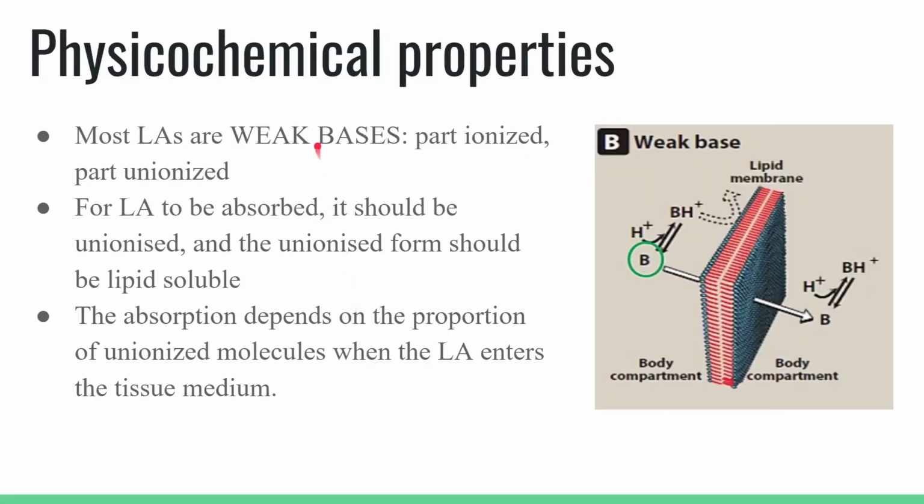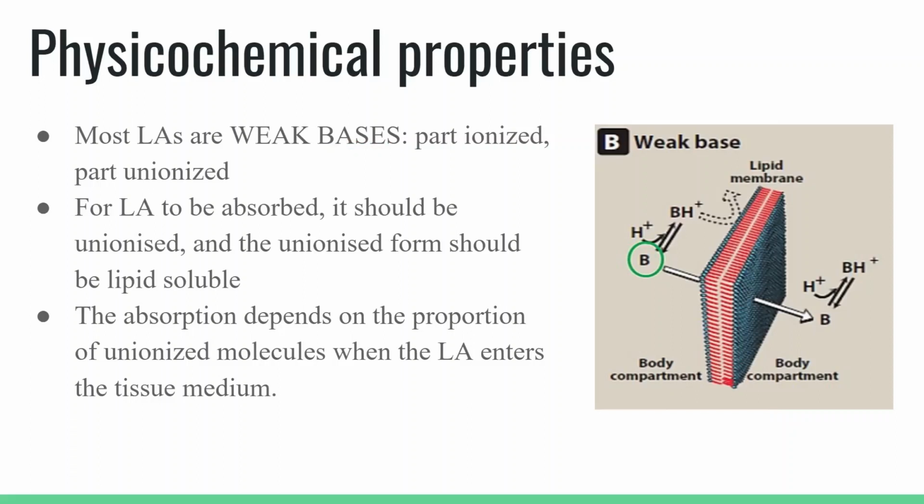So, continuing with the physicochemical properties of local anesthetics, you have to understand that most local anesthetics are weak bases, and this is why I told you to focus on the first part, because the majority of this lecture will focus on this point right over here, that most local anesthetics are weak bases, which means, like we said, that their pKa is going to be somewhere between 8 to 10.